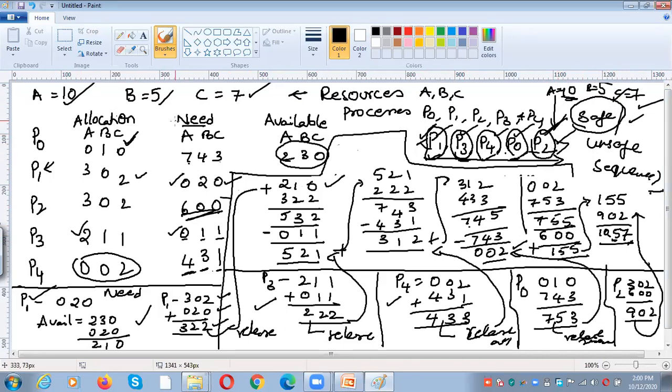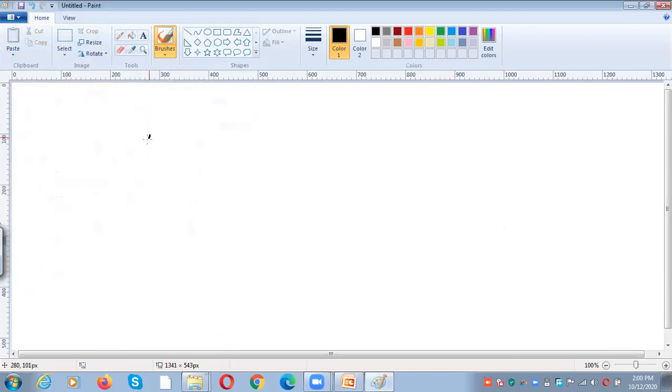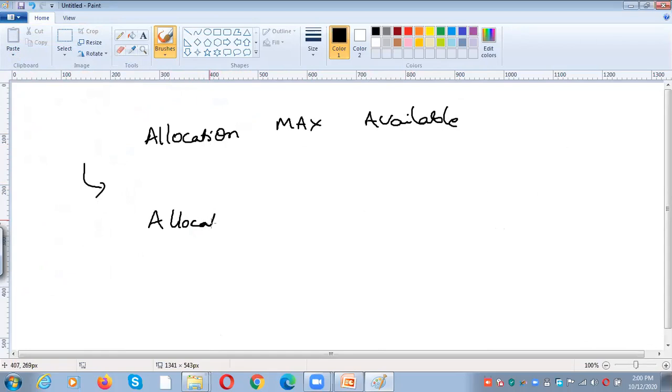You need to check whether they are giving need or max. In the problem, if they are giving allocation, max, and available, you need to convert this to allocation, need, and available so that it will be easy for you.